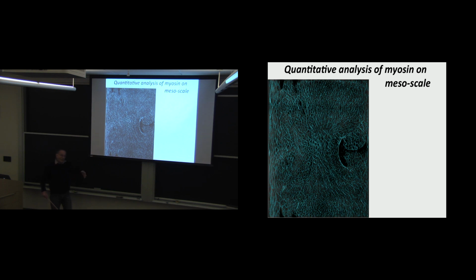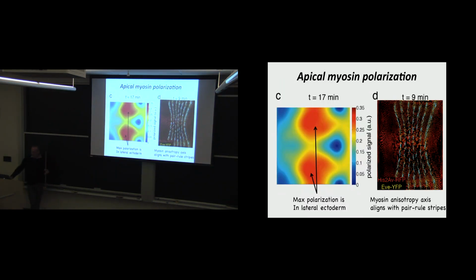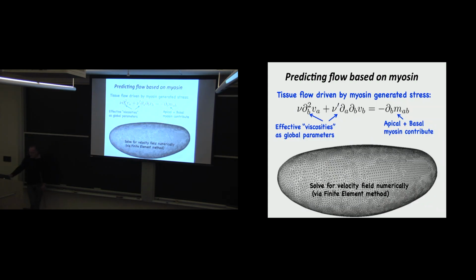But then there are some edges that don't have a lot of myosin. The bottom line here is that myosin locally is characterized by presence or absence, well, intensity, abundance, and local orientation. So you describe both, and you construct this myosin tensor, and then we can talk about how this myosin is polarized, but I don't have time.